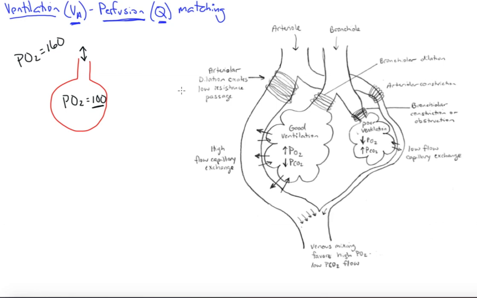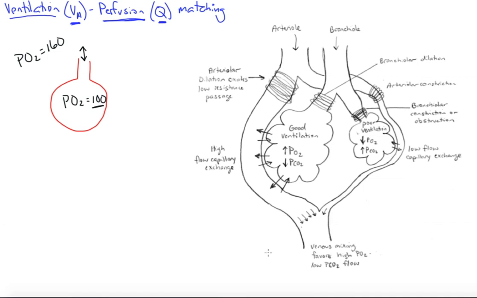You end up with a very well ventilated region of the lung, but a very small portion of the blood flow out of that region because of the gravitational effects.